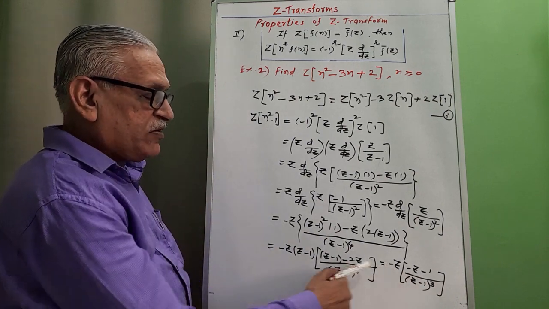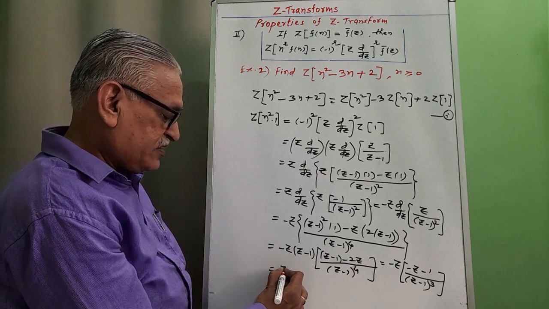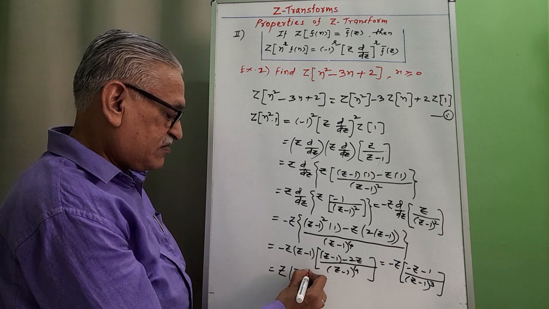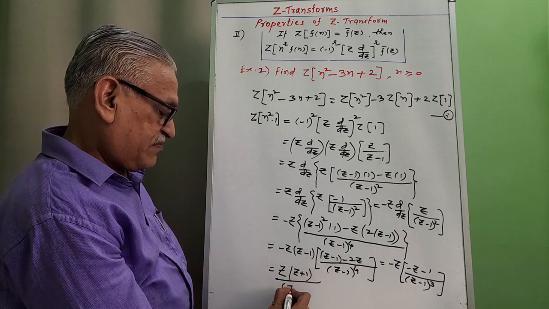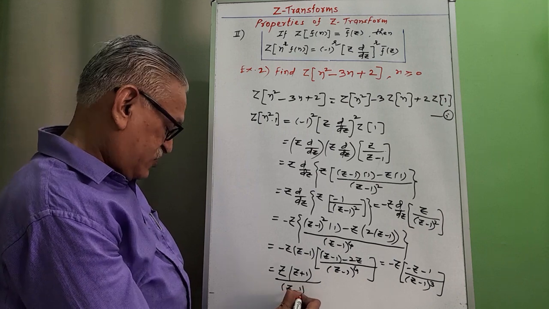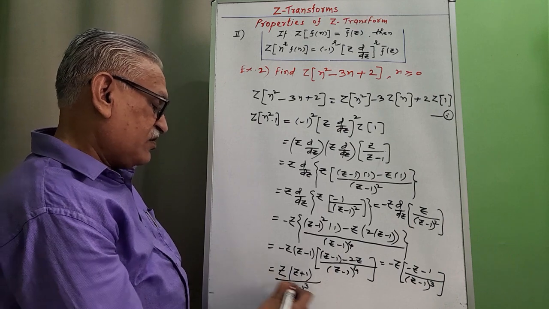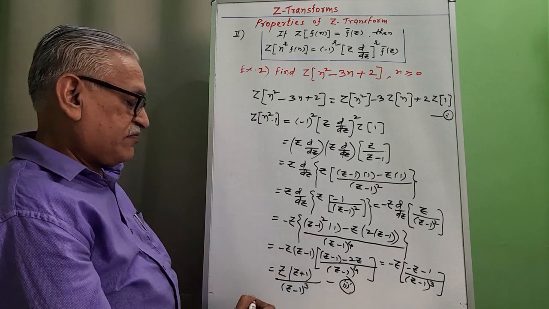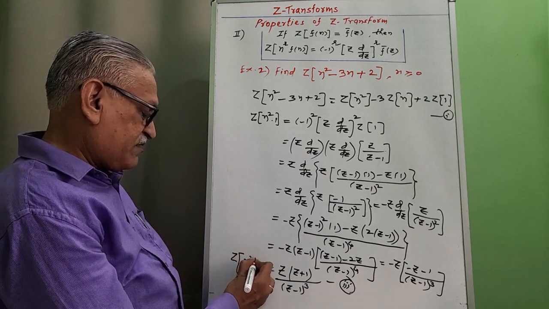Taking the minus sign common, that minus and this outer minus become plus, z plus 1, whole divided by z minus 1 cube. We call this equation 3. This is the Z transform of n square.